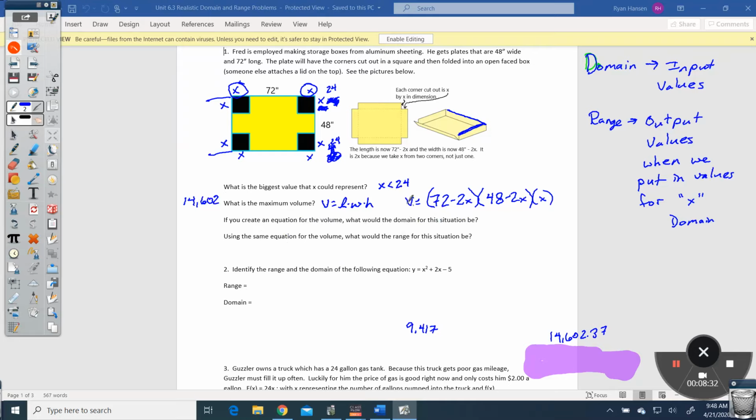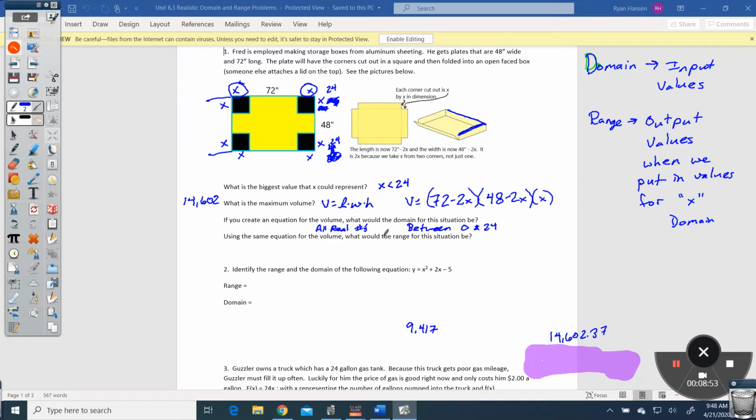Well, the domain would be all real numbers between 0 and 24. Okay, that would be the domain.